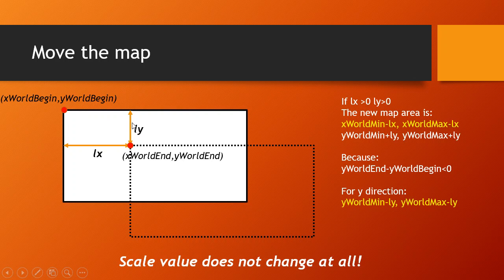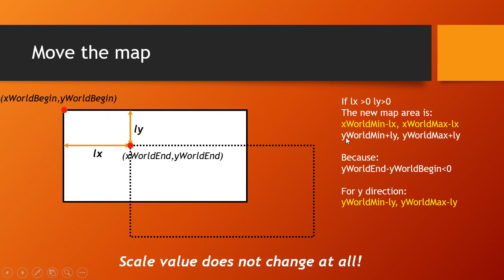For example, this is the equator. Now this is a positive value in the northern hemisphere. So if Ly is a positive value, it should add Ly.